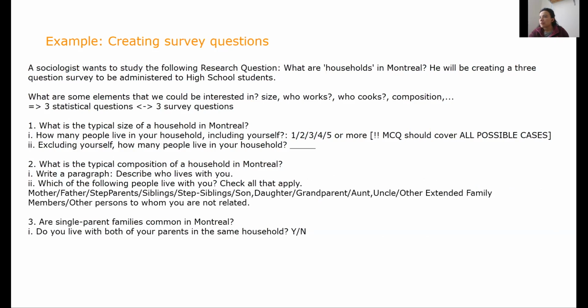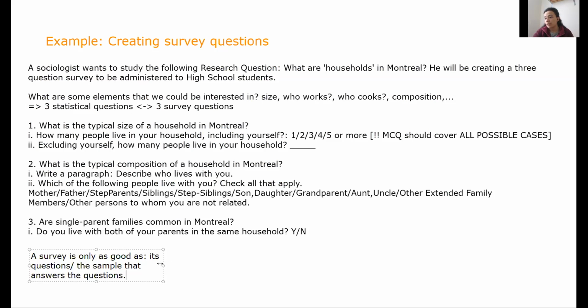And you're going to have to keep in mind that a survey is only as good as the questions it's asking, and as good as the sample that answers the questions.